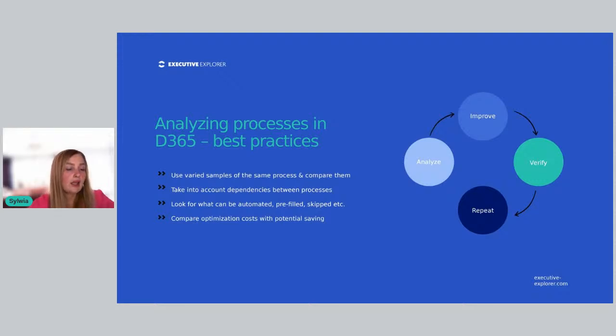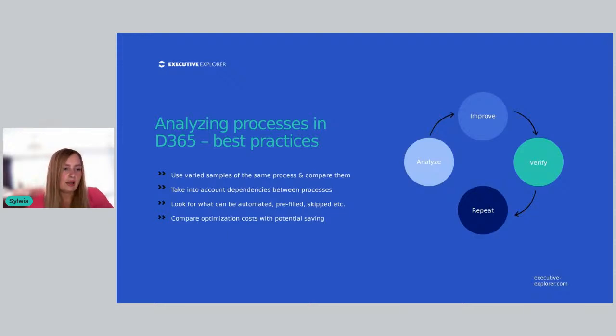Additionally, some other good practices when it comes to process analysis are using varied samples of processes and comparing them. What I mean is, if we were to have one single point of documentation, and try to analyze it and find optimization potential on those documentations, we may not have full information, because there are users who may use the process differently, some more efficient than others, some completely different than the documentation shows.